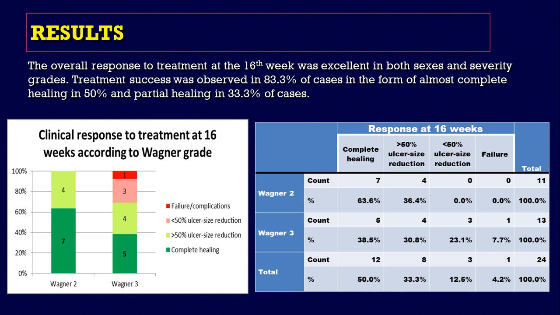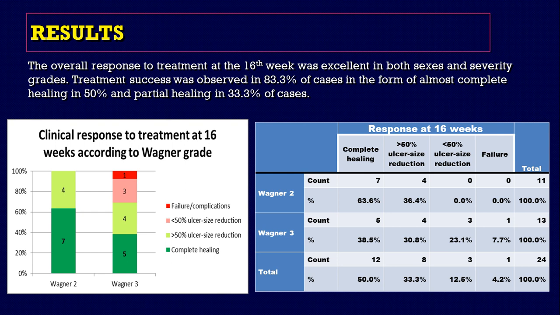The clinical response here, according to Wagner grade, as you see here, Wagner grade 2, complete healing in 63.6% and more than 50% ulcer size reduction in 36.4%, while no failure and no reduction less than 50%.